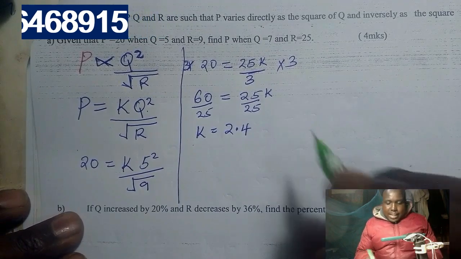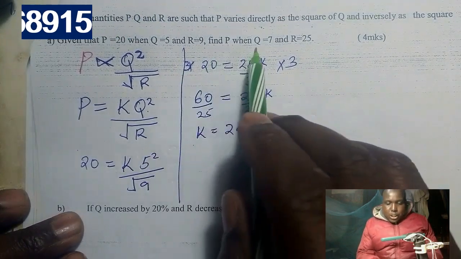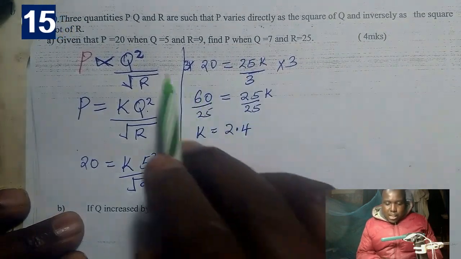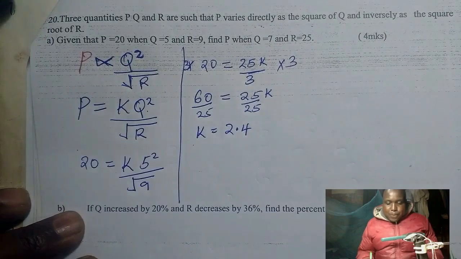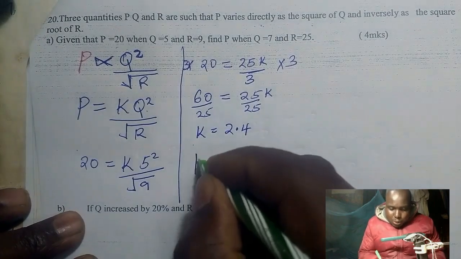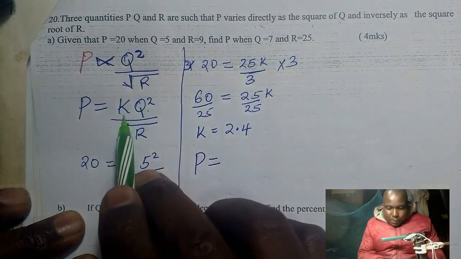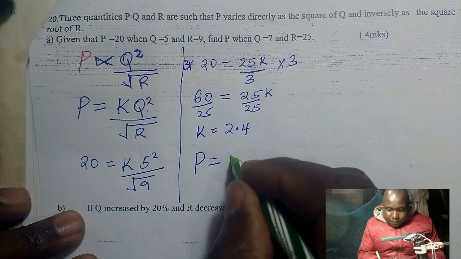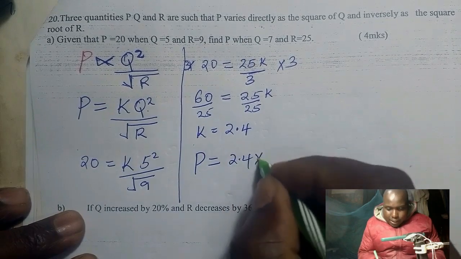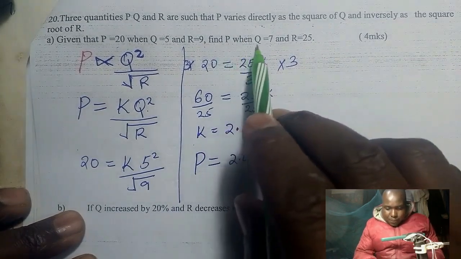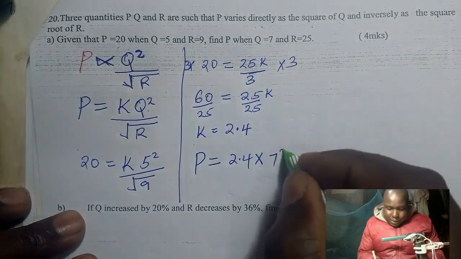Now let us find P when Q is 7. Now that we have K, we are just going to substitute into the formula. So P will be K, which is 2.4, times Q, which is 7, squared.